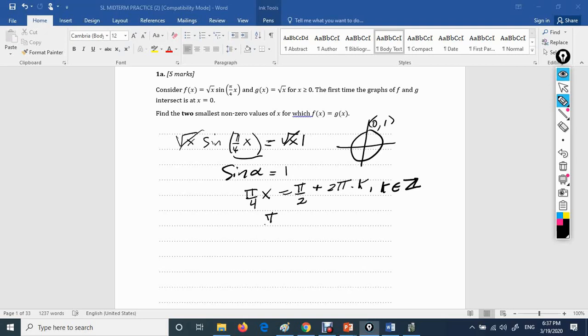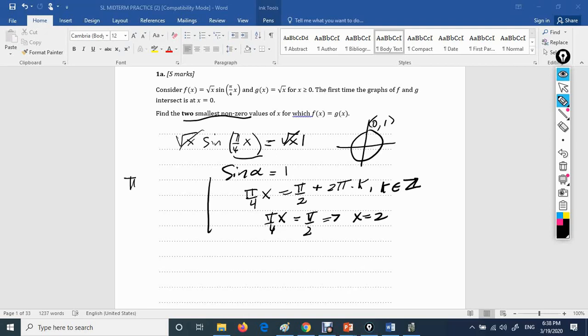So pi fourths times x equals pi halves. So notice that this would give us that x equals 2. The other case, we'll do it over here. The next case, because they're asking to find the two smallest non-zero values of x, would be pi halves plus 2 pi, and that is obviously going to be 5 halves pi.